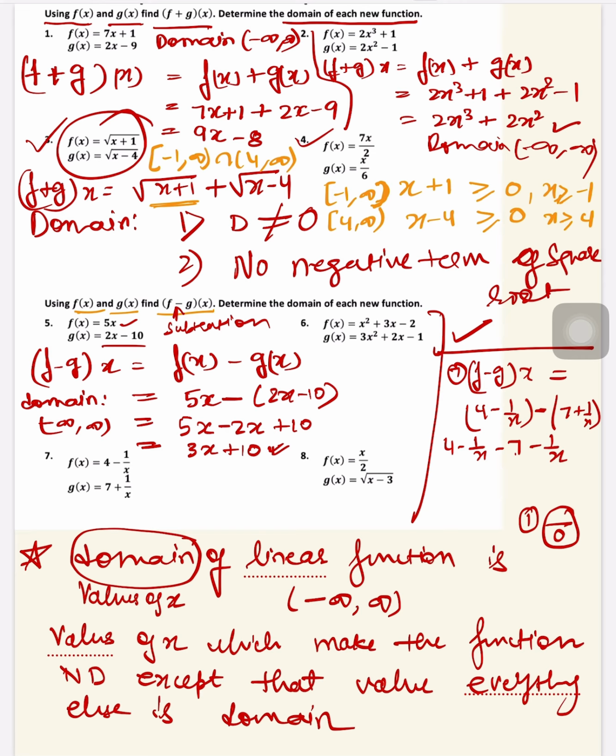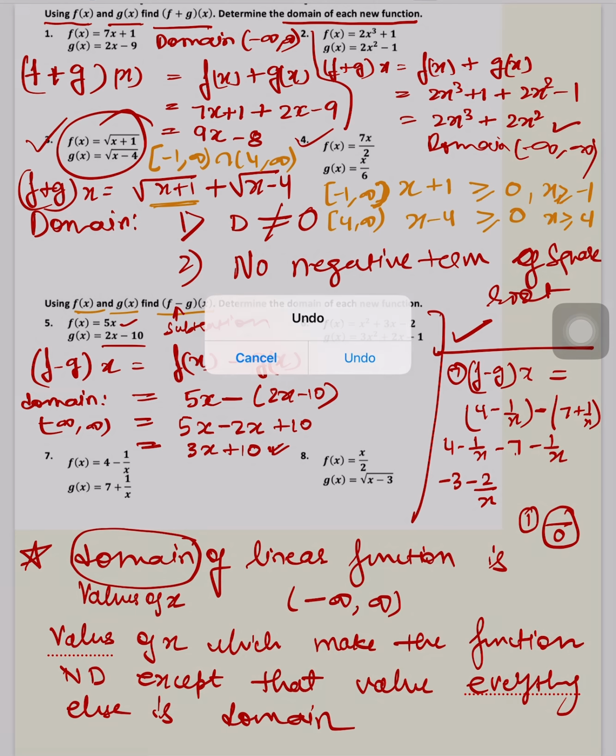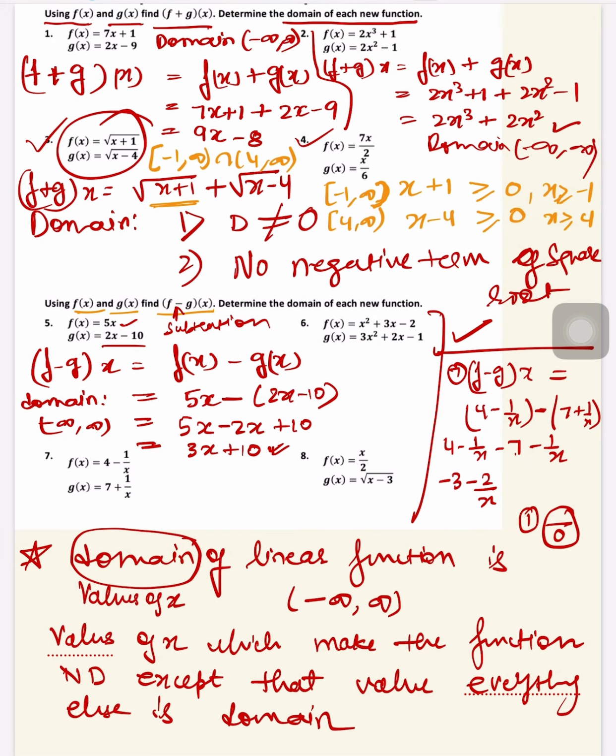So 4 minus 7 is minus 3. Minus 1 over x minus 1 over x gives you minus 2 over x. Right? You understand this? If you didn't put the parentheses, that will give you a different answer, which is not correct. So this gives you minus 3 minus 2 over x. So this is the new function after applying the operation.